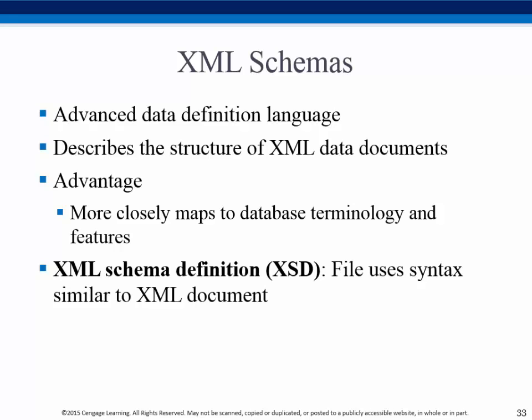An XML schema is an advanced data definition language that is used to describe the structure of XML data documents. This structure includes elements, data types, relationship types, ranges, and default values. An XML schema definition, or XSD, file uses a syntax that resembles XML documents.